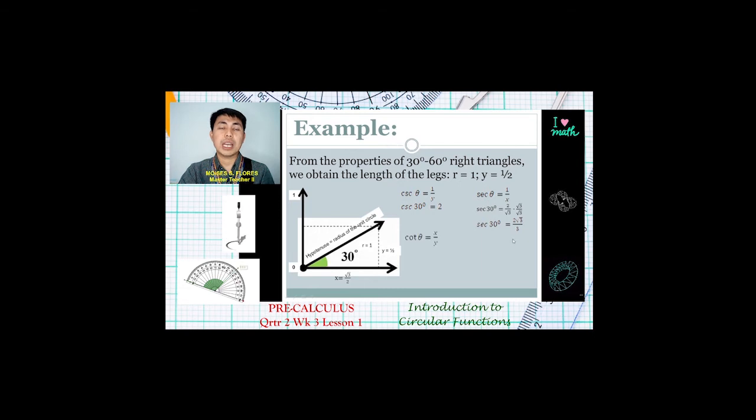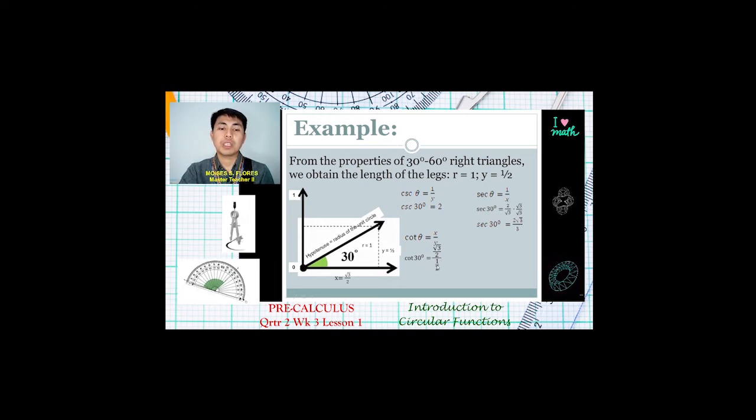And of course, the last trigonometric function is cotangent. This is just the reciprocal of our tangent theta. A while ago, it's y over x. This time for cotangent, it's x over y. So substitute first: your x is square root of 3 over 2, and your y is 1/2. Then applying the complex fraction, we simply get the reciprocal and proceed to multiplication.